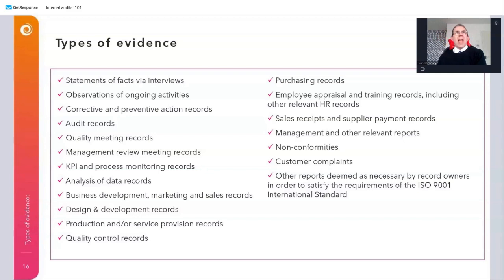So some of the evidence that you may look at when carrying out audits are statements via interviews, as I identified earlier. You may be observing those activities just simply by standing there and making your own notes. There may be, as I've indicated earlier, corrective and preventative action records that indicate this is an area that we've fallen foul of before, but we're now rechecking it just to make sure that what we did earlier is working for us.